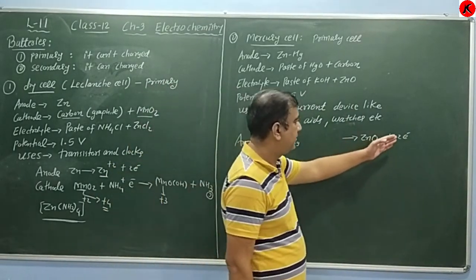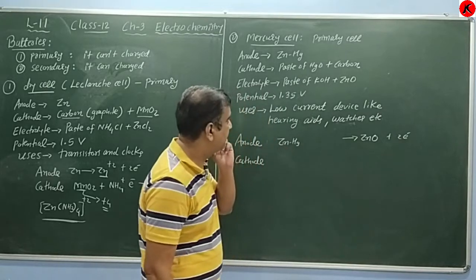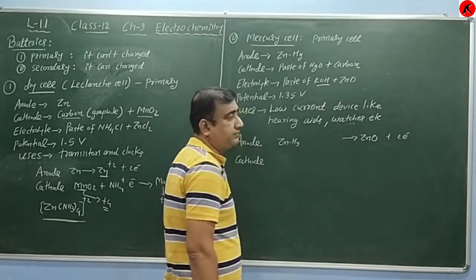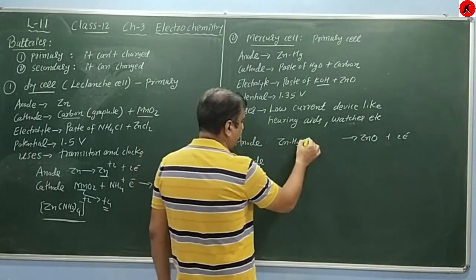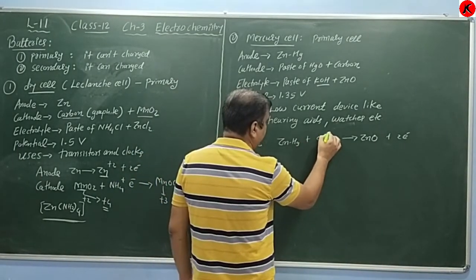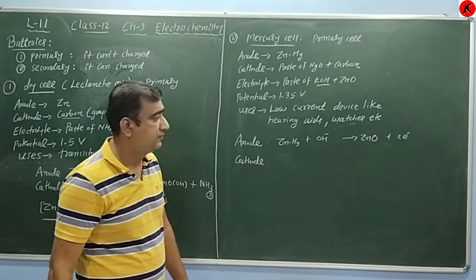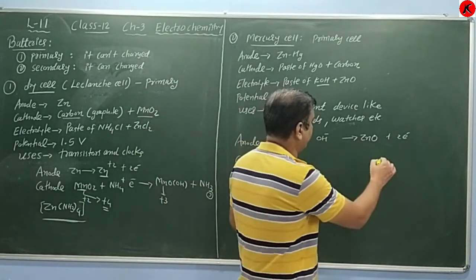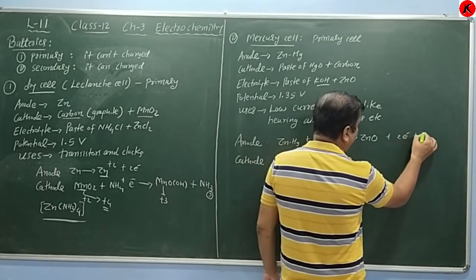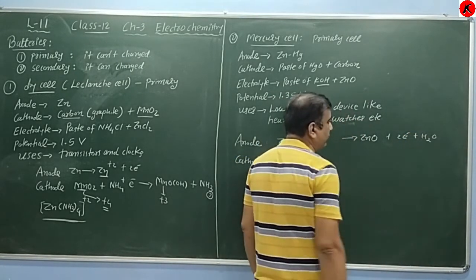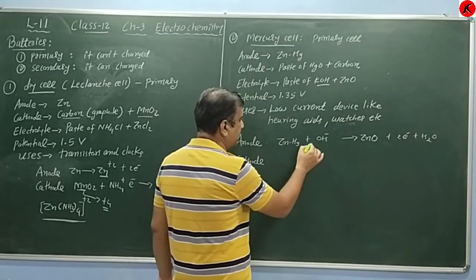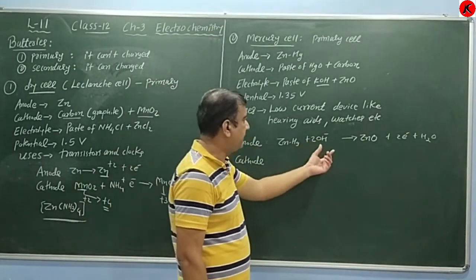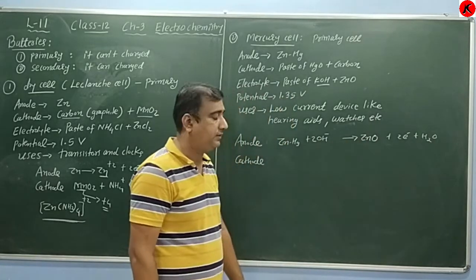Now here a negative charge is there. How to balance this reaction? We have the electrolyte KOH, that means OH minus. Here oxygen is there, and here no hydrogen, so we can write H2O here. That means 2OH minus, so the negative charge is balanced, and hydrogen.